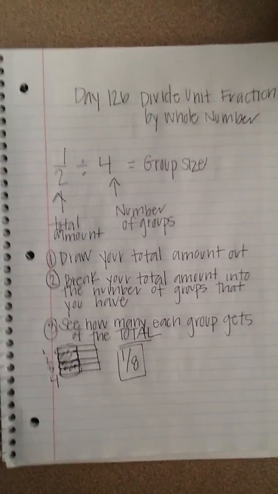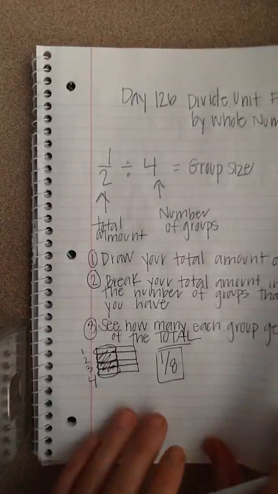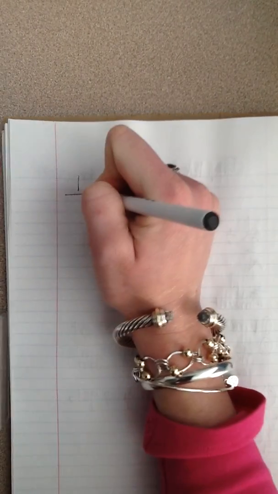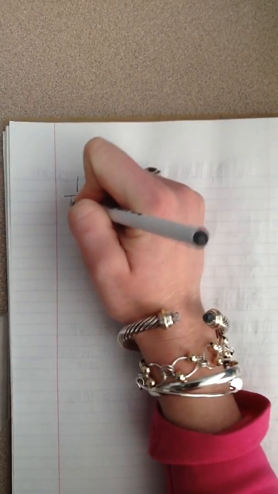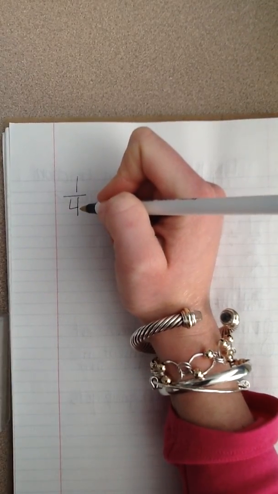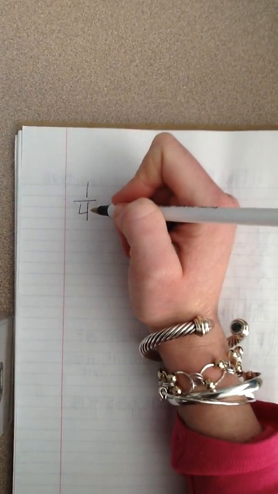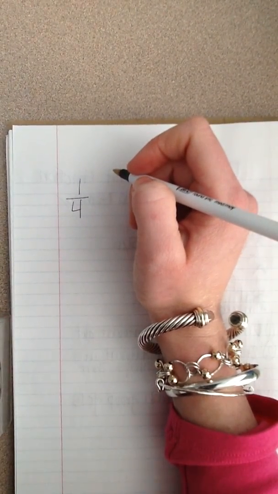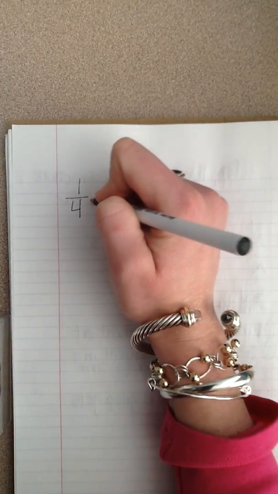I'm going to do another problem. Let me set this up real quickly. I'm going to make this number up off the top of my head. We'll say that Duncan has 1/4 of, we'll say, his dog food left. He's a very giving dog, and he wants to give to 4 of his best friends.